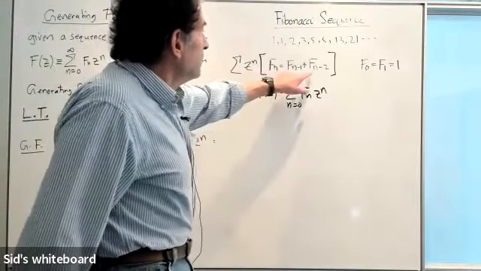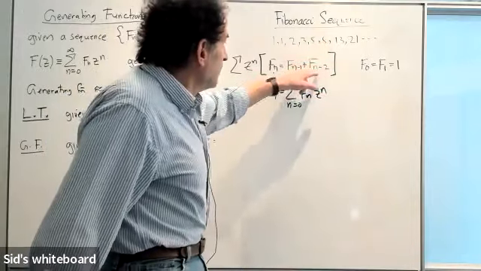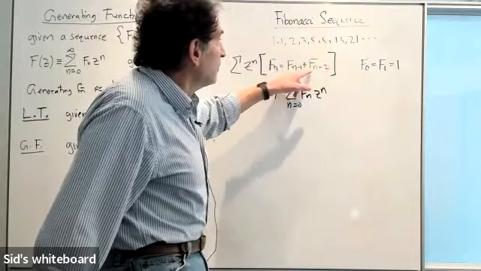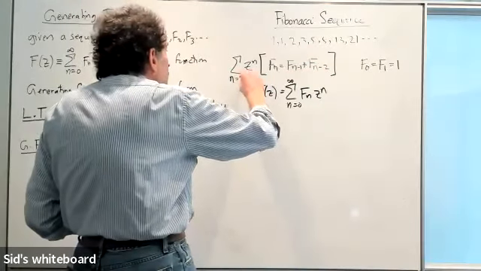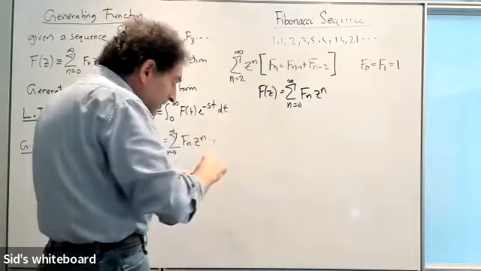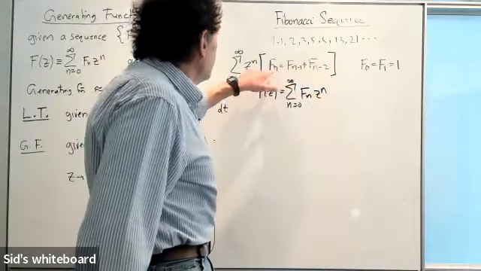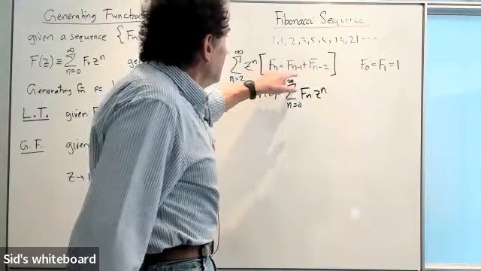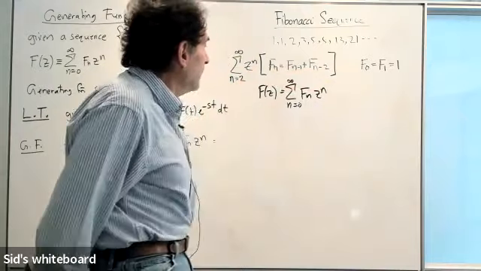Because there's an n minus 2 here, this doesn't make any sense if the index is less than 0. So we've got to start the series from n equals 2 to infinity. It doesn't make sense for F_0 and F_1, because we don't have any recursion formula for them.